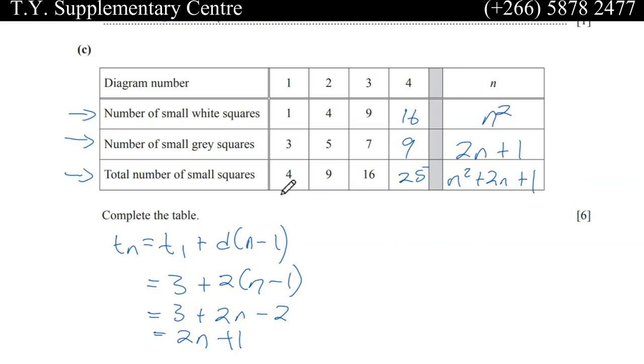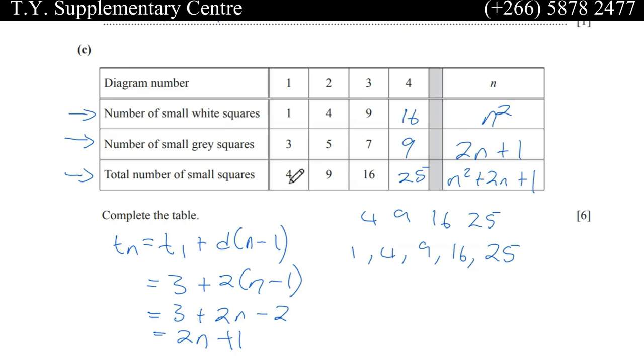Note that this is a sequence of square numbers. You have 4, 9, 16 and 25. But remember, this is not the usual sequence of square numbers. Remember, the first square number is 1, followed by 4, then 9, then 16, then 25.